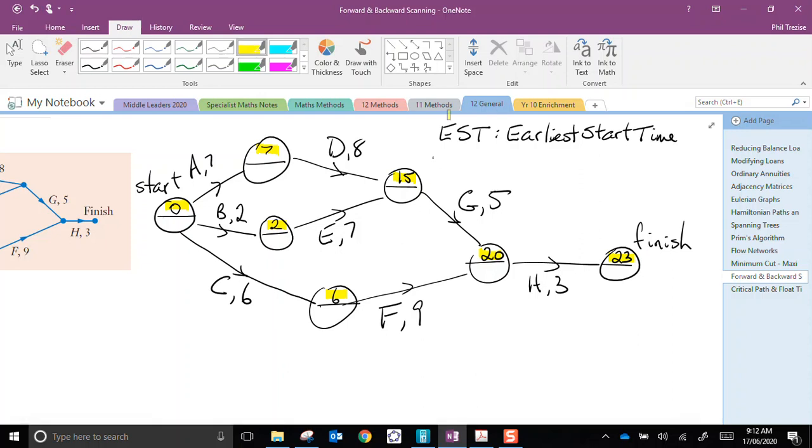So I'll highlight that yellow to make that clear. And the forward scan, remember, as we're moving forward, if there's 2 or more edges leading to a vertex, we choose the largest value. Now we're going to do a backward scan.